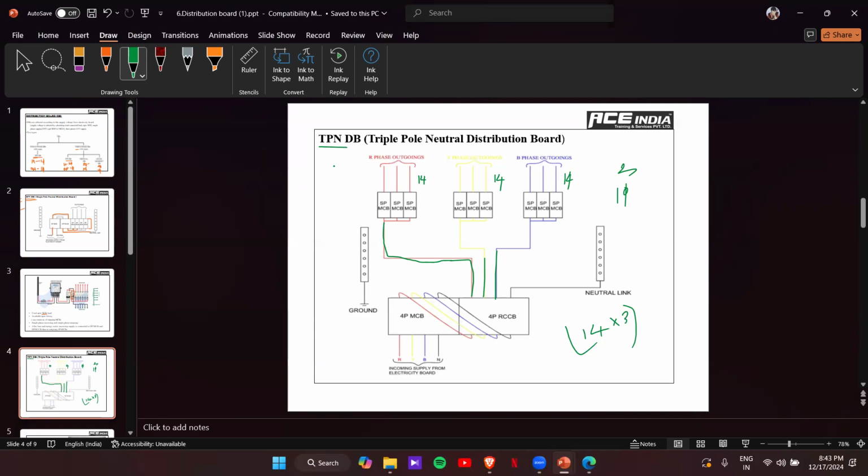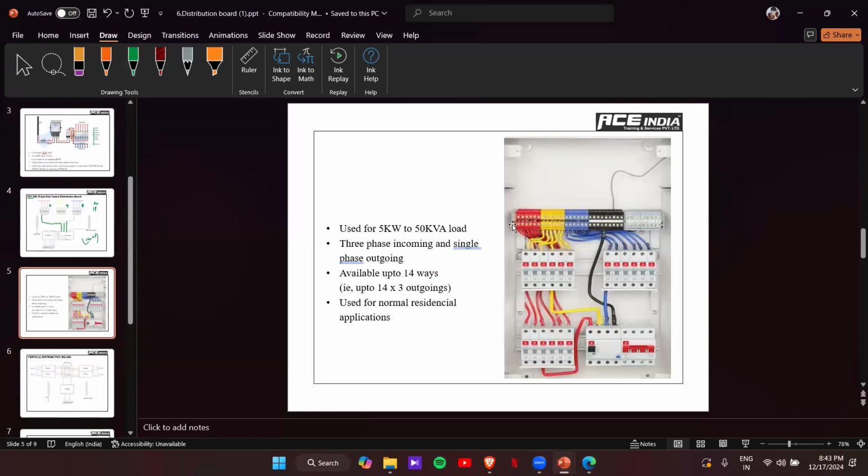This is how the DB looks. Here you can see that this is the main incomer, our 4-pole MCB. Next we have the 4-pole RCCB. From the 4-pole RCCB, this one is our R phase outgoing. In this R phase outgoing, you can see 1, 2, 3, 4, 5, 6: 6 outgoings are taken from one single phase.